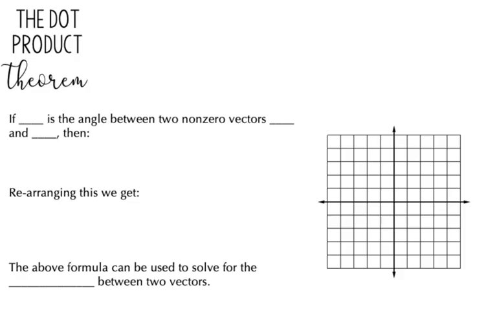So the dot product theorem says if we've got a theta, some angle that's between two non-zero vectors, meaning they have to go somewhere. I've got vector u, and here it is. It's non-zero because it actually moves. And then I have another vector v, and there it is.